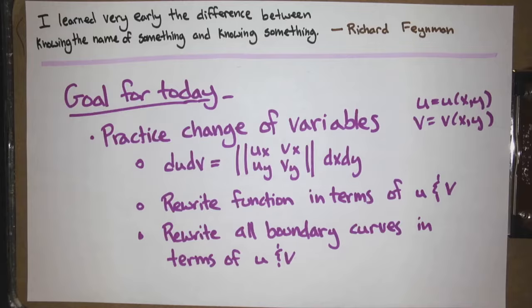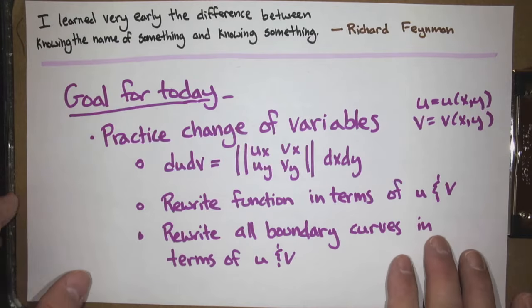We want to switch to something involving u and v. Why do we do this? Well, in the hopes that by making a substitution, we'll make something that's easier to do. Because our goal is to be kind to ourselves. We want to have success, and if we can make something simpler, we can achieve that. And there's the basic plan: handle how you break things up, rewrite the function, rewrite the boundary curves.